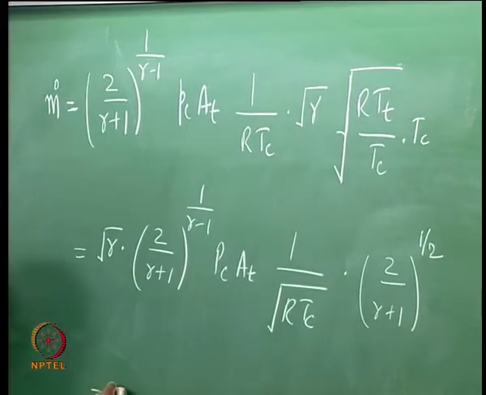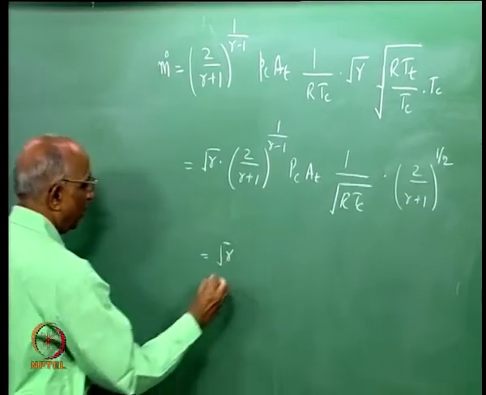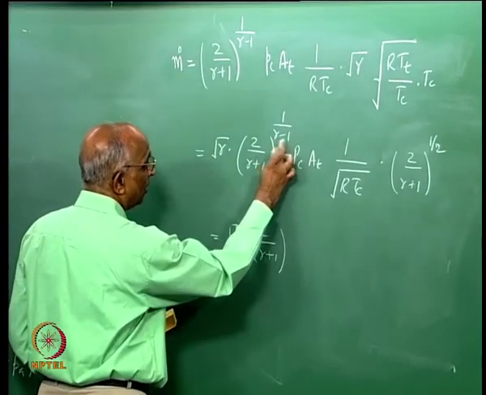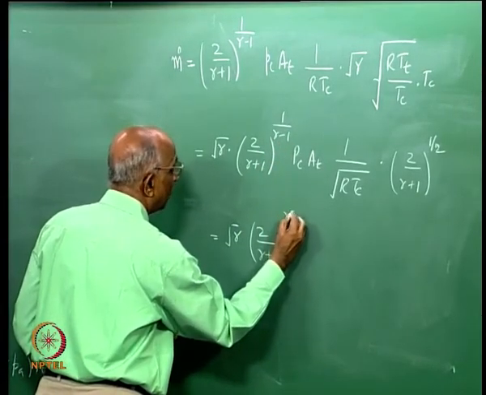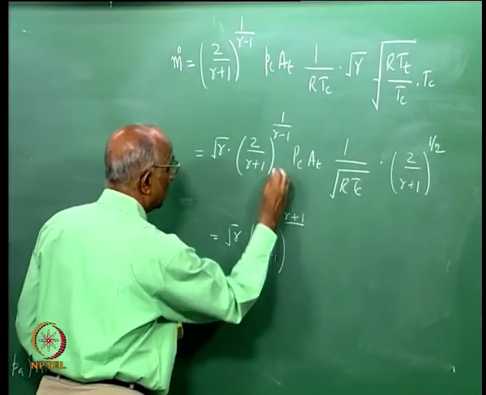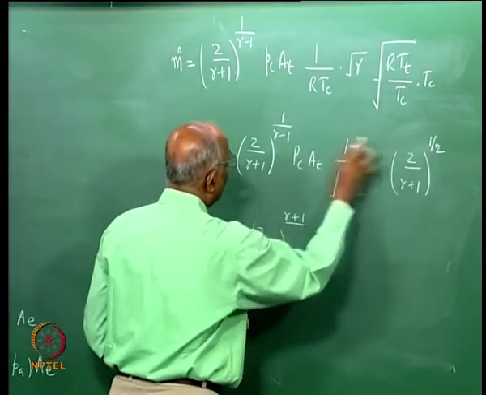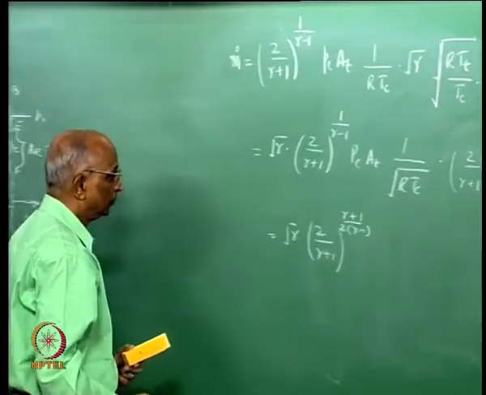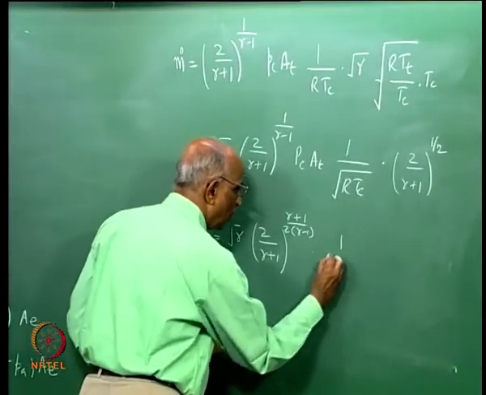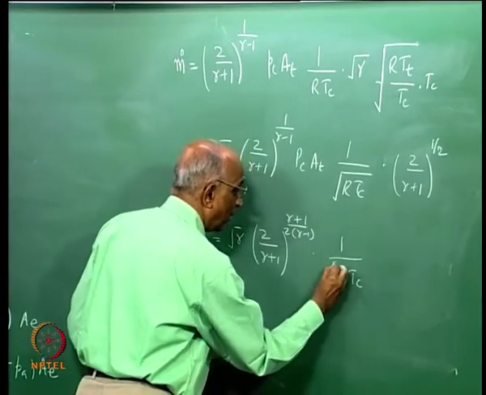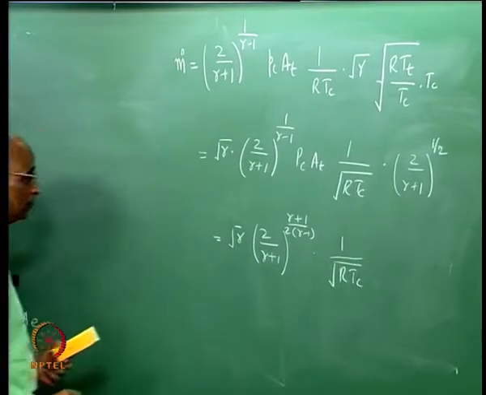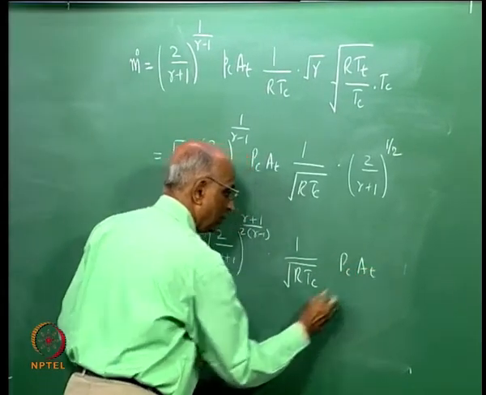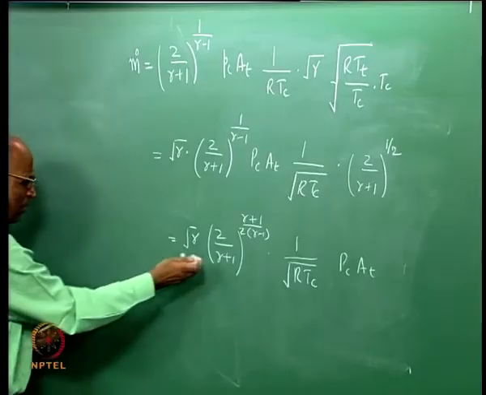the whole thing. I tell this is equal to under root gamma into 2 over gamma plus 1 to the power 1 over gamma minus 1 plus half, this is equal to gamma plus 1 divided by 2 into gamma minus 1, into 1 over RTC under root, into PcAt, and this gives me, this is all a function of gamma.